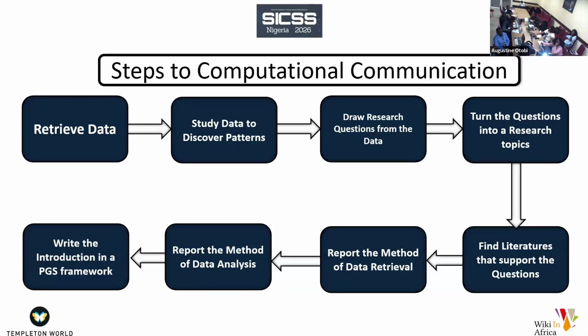In computational research, you don't go searching for a gap on Google Scholar or Semantic Scholar. You come to the data and look through the data. When you have looked through the data and found a pattern, you will now on your own from the data formulate a research question. From the research question, you would now turn this question into research topics.